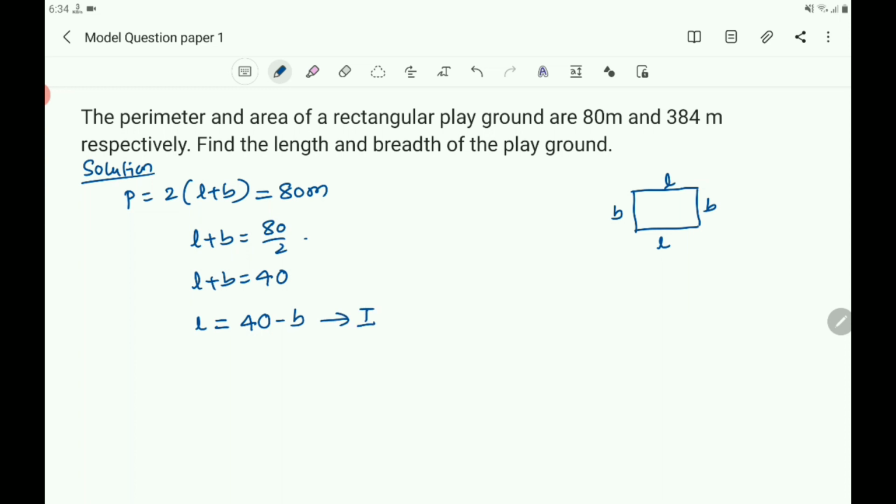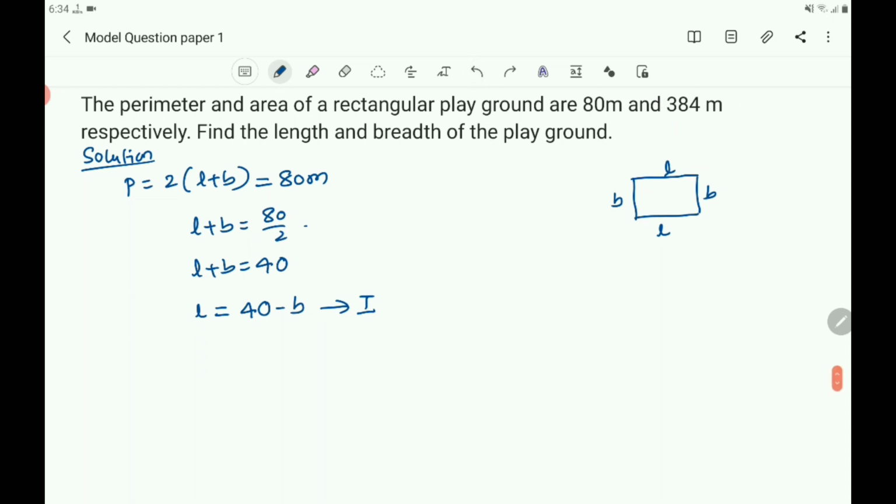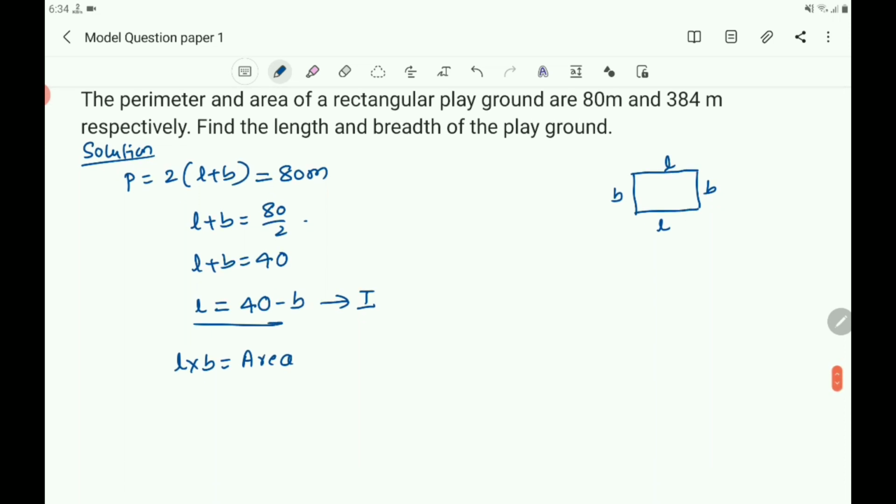You express L in terms of B. Now you take the area, and you know the formula to find the area of the rectangle, that is L into B equals area. Then what is L? You write L here.